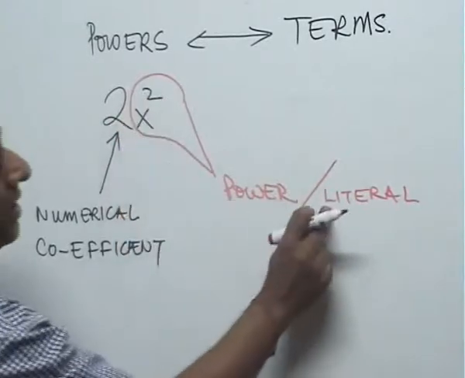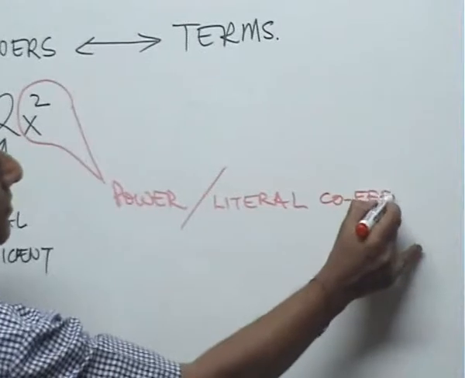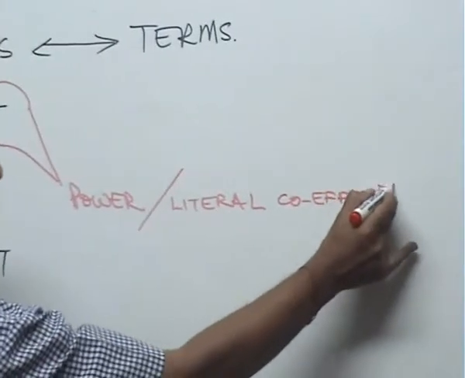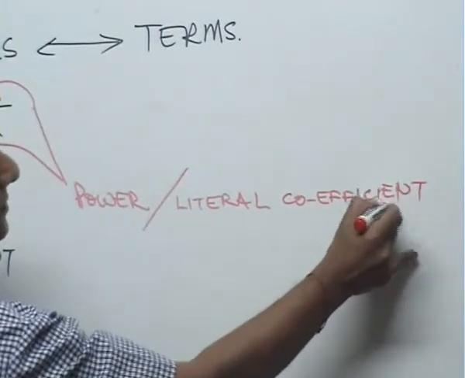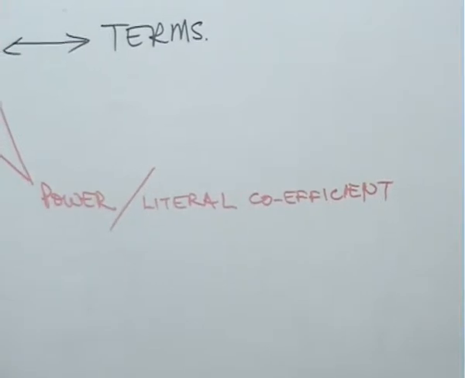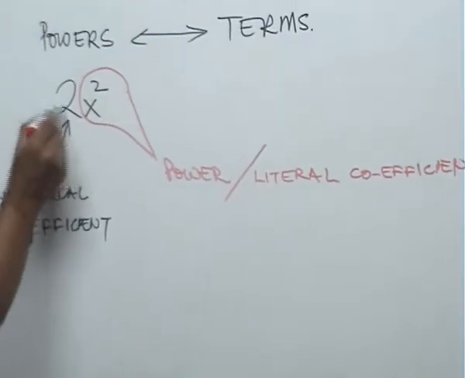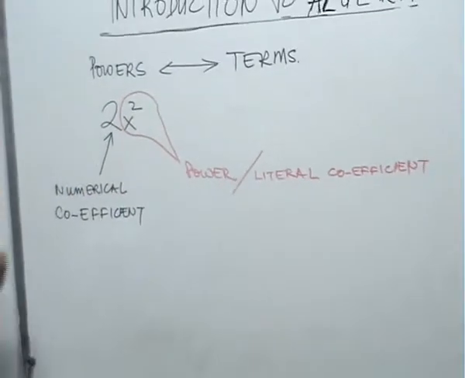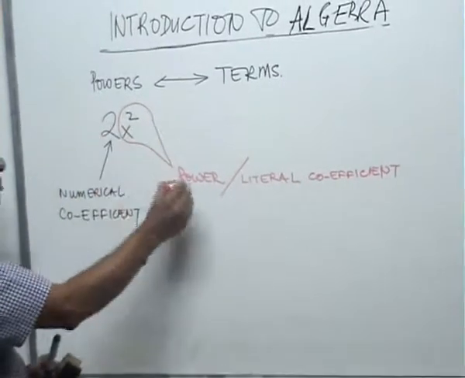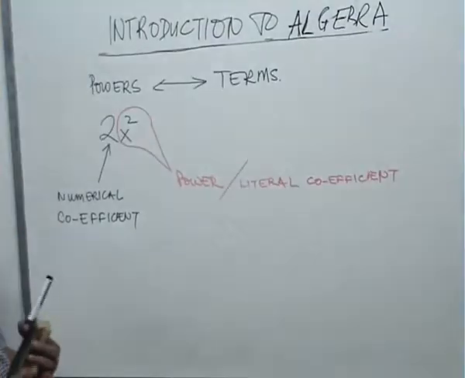Because it's got a letter in it, it's a literal coefficient. So you can see powers and terms are linked. We're looking at the term 2x squared, and this term is made up of two parts. The 2 is called a numerical coefficient, and the x squared, which is a power, is called a literal coefficient.